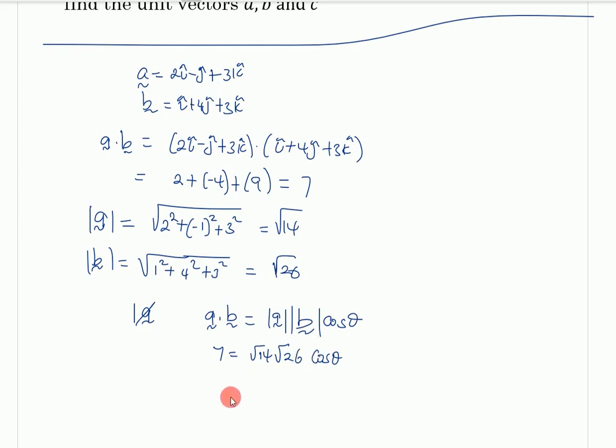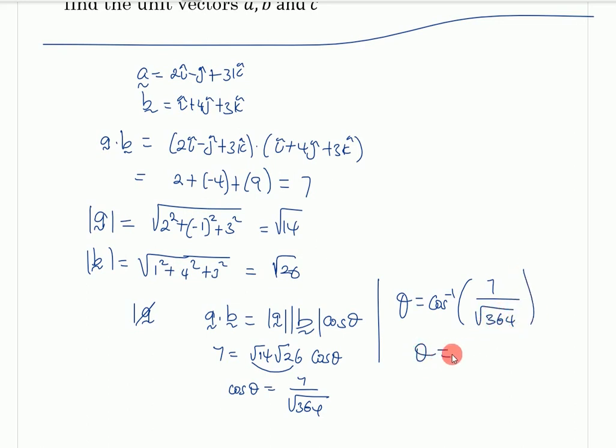So cos theta is equal to 7 over the square root of 364, and we further have that theta is equal to cos inverse of 7 divided by the square root of 364, which is 68 degrees to the nearest degree.